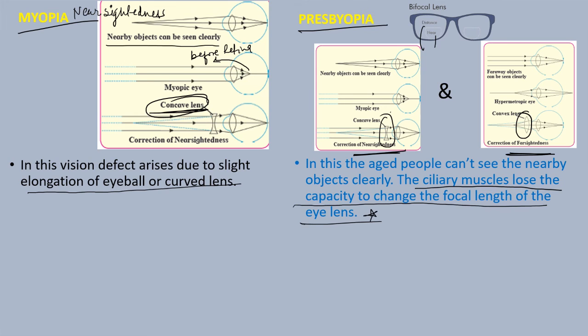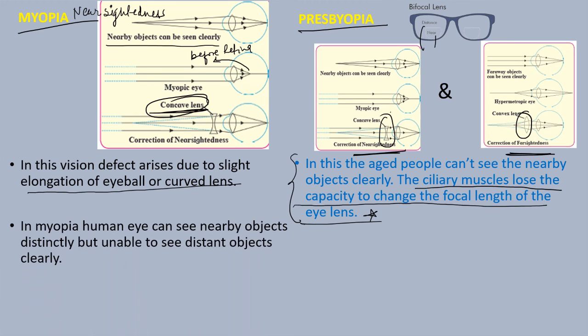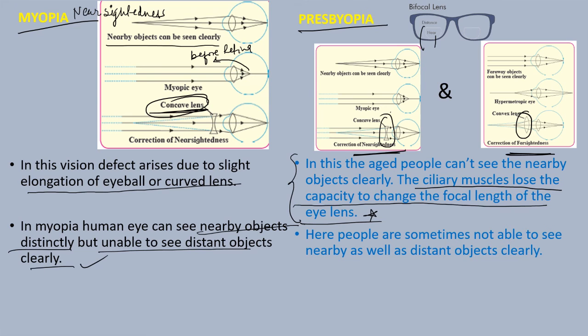Alright, in myopia, the human eye can see nearby objects distinctly but is unable to see distant objects clearly. In case of presbyopia, people are sometimes not able to see nearby as well as distant objects clearly.